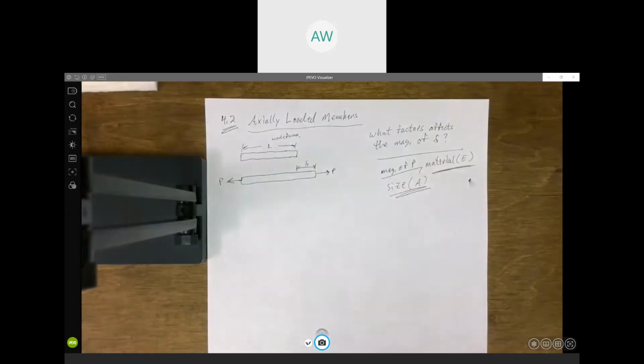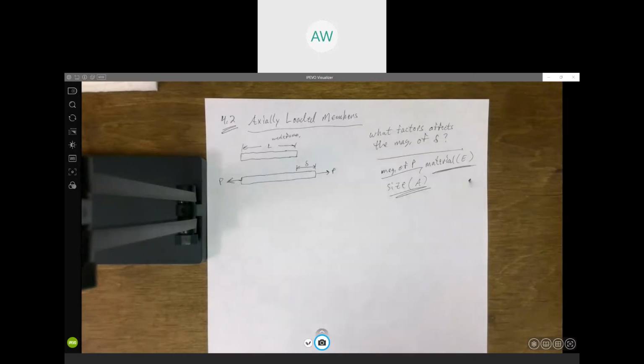If I've got a steel member, the cross section is 2x4. It's not going to stretch the same amount as if I have a steel member whose cross section is 3x5. Right? It's bigger, it's stronger. It's not going to stretch as much.